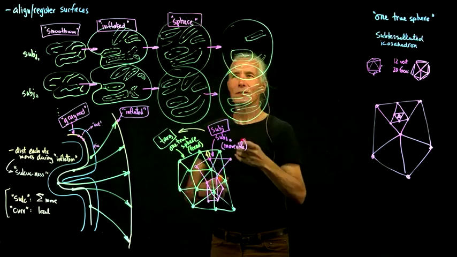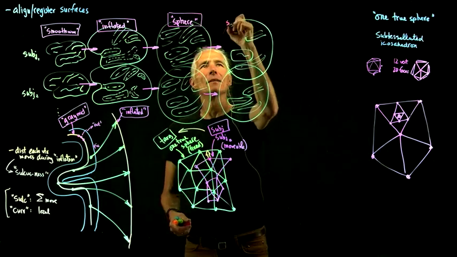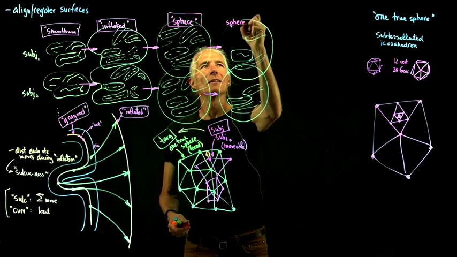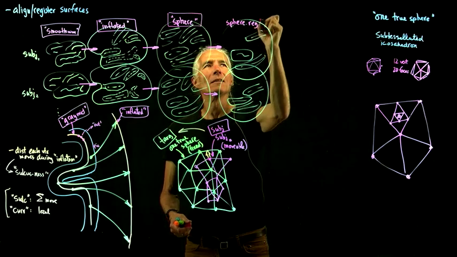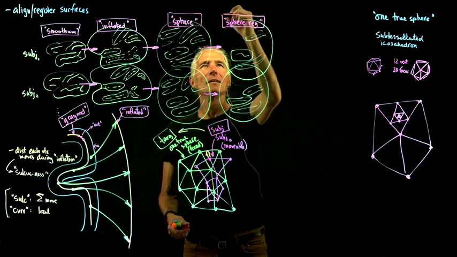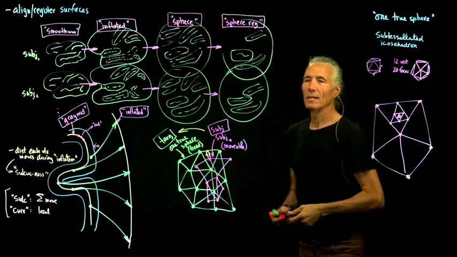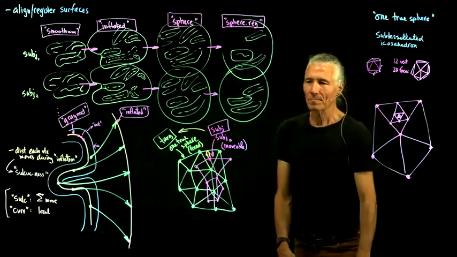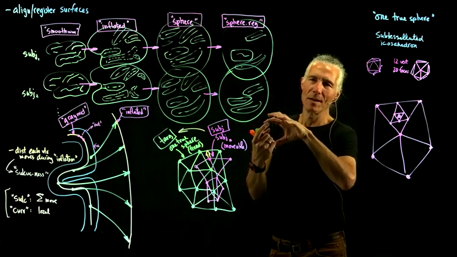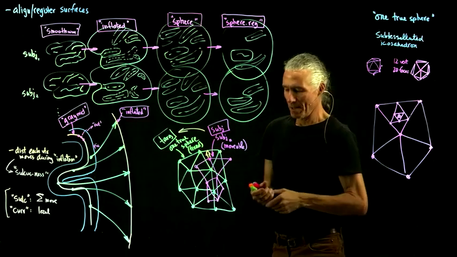So if you look in FreeSurfer, this one is called SphereReg. That one is still a unique number of vertices for each subject, but now it's registered into alignment with the average sulcus pattern.